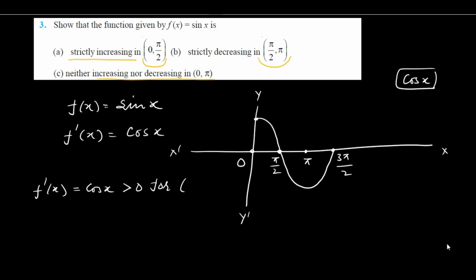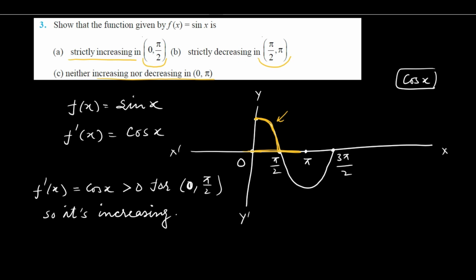The value of f'(x) is positive because it's above the x-axis. So we can say the function is increasing for 0 to pi by 2.